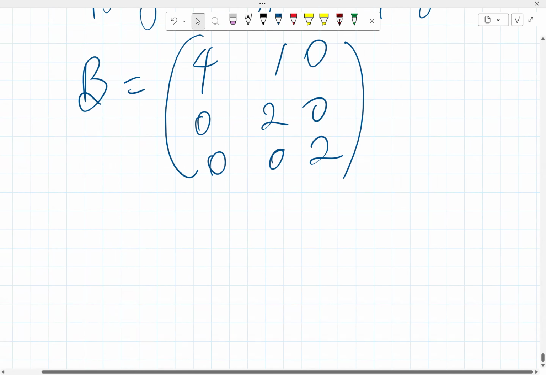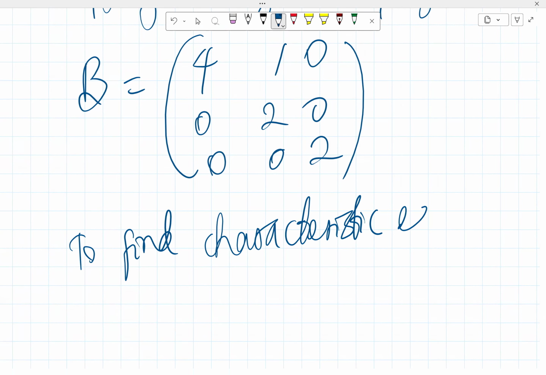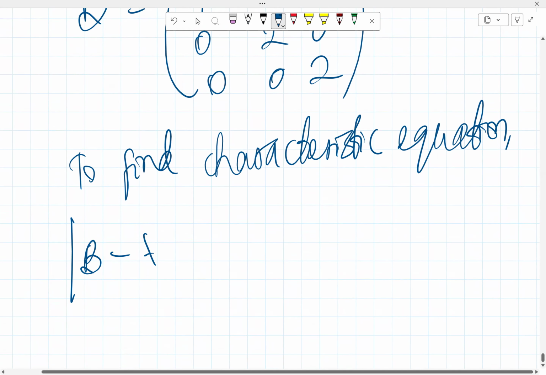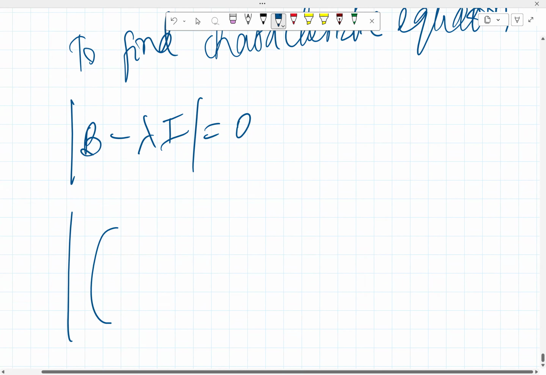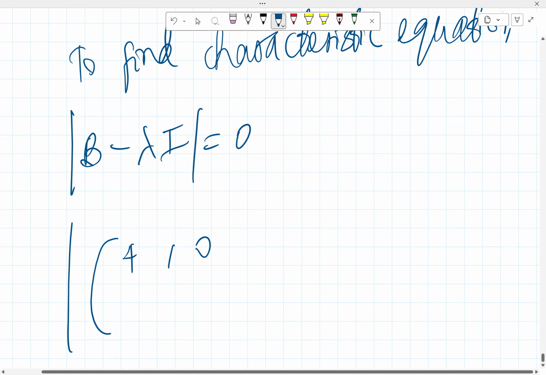So first of all, to find the characteristic equation, we know this is the determinant of B minus lambda I equals 0. So that means we have the determinant of B itself, which is 4 1 0, 0 2 0, 0 0 2.